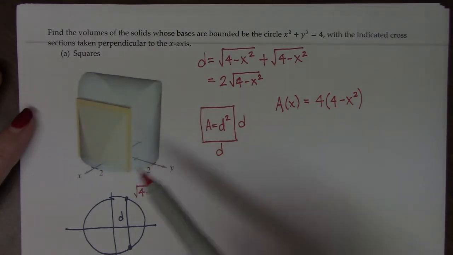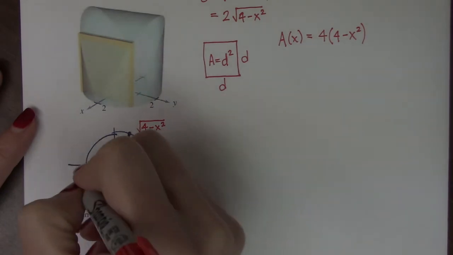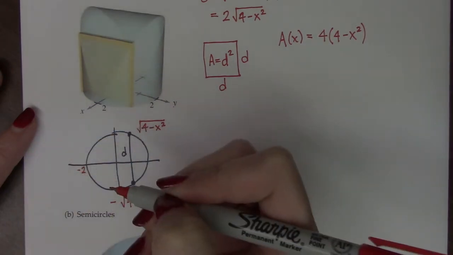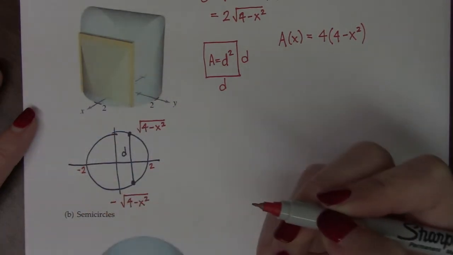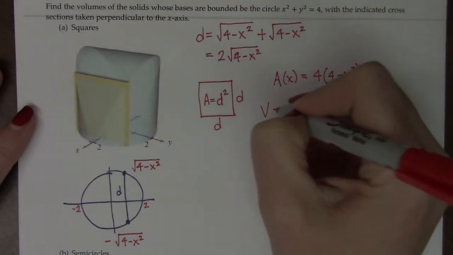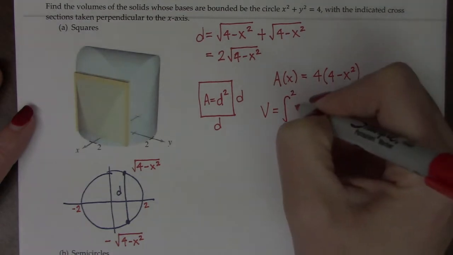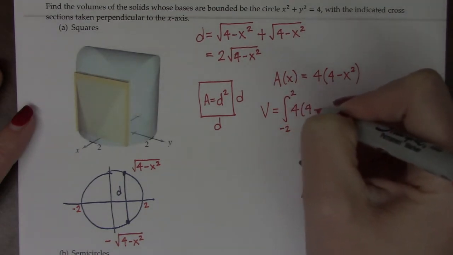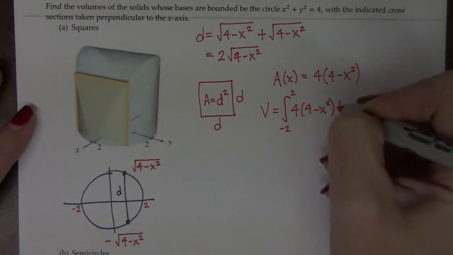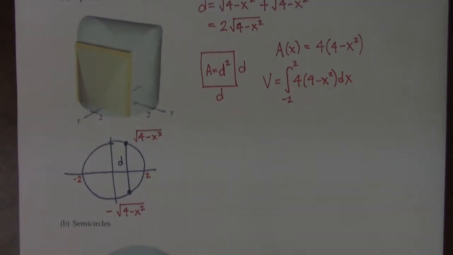And if I look at my bounds, this circle had a radius of 2, so the circle goes from negative 2 to positive 2. So my volume integral is the integral from negative 2 to 2 of 4 times 4 minus x squared dx. Now there's one more thing you can do if you have symmetry, which we do here.